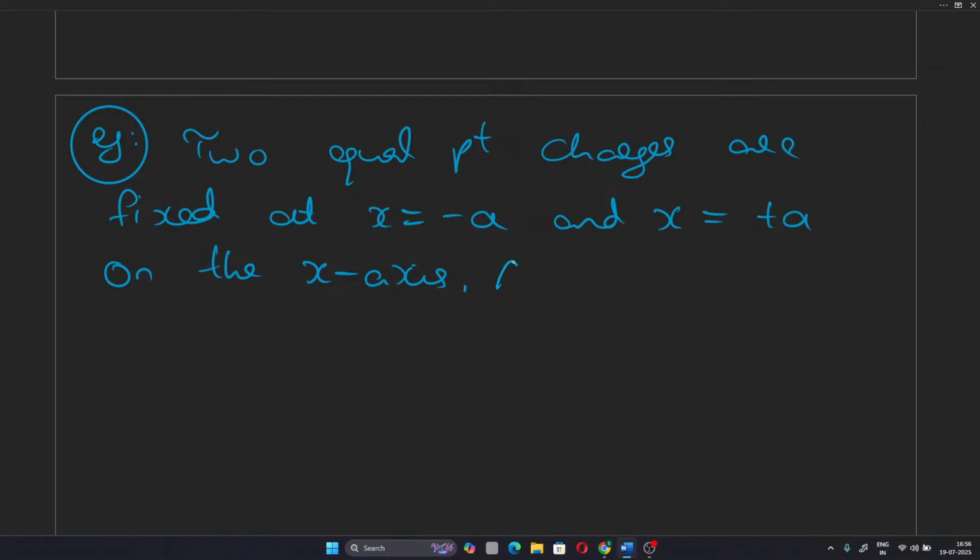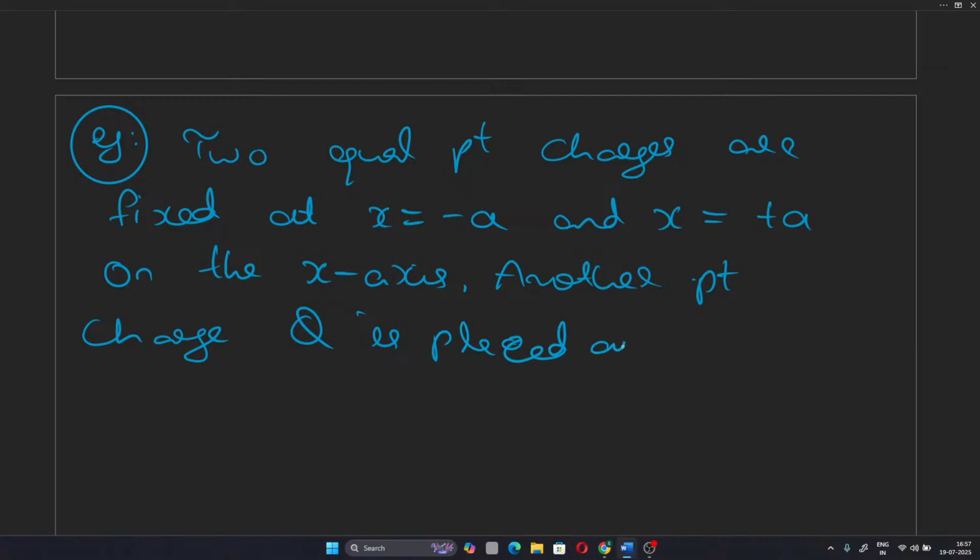Another point charge q is placed at the origin.